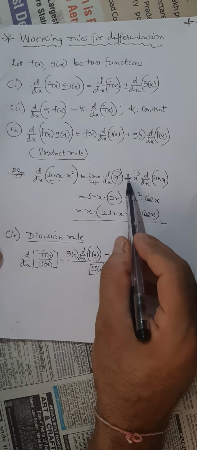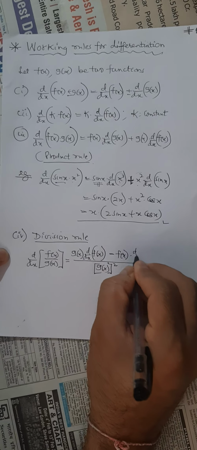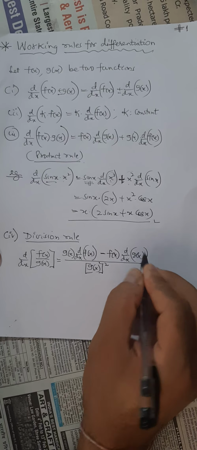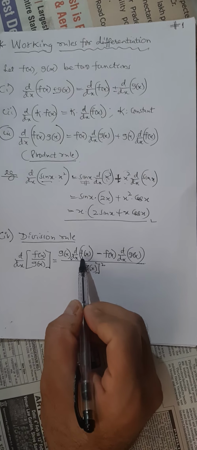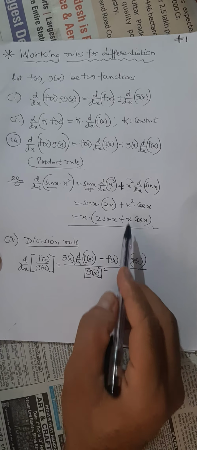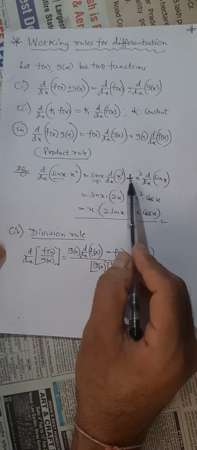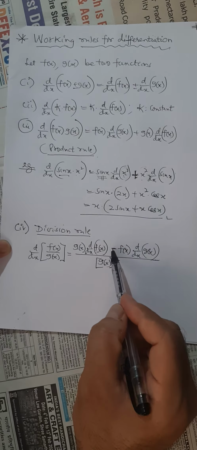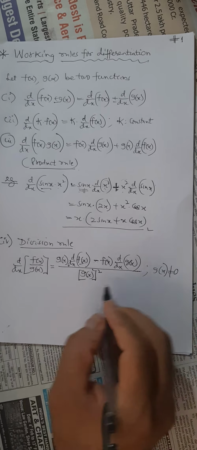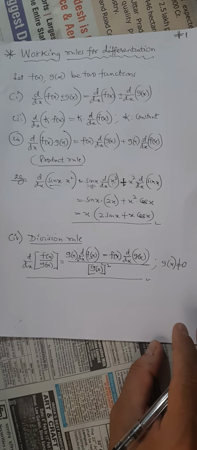In product rule you had plus sign, remember. Now interchange these two, f(x) into d by dx of g(x). Your order is important, that first differentiation of f(x) should be done, remember. In the product rule, order is not important. You can write this term first because you have plus sign. Here you have minus sign, remember. Your g(x) should not be 0. So this is called division rule for division of two functions.